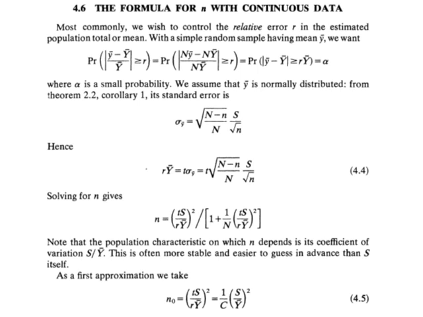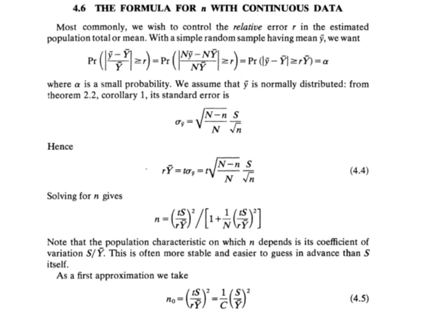Hence, R times Ȳ is equal to t times σ_ȳ, equal to t times √((N − n)/N) times s/√n. Solving for n gives n = (ts/(RȲ))² over 1 + (1/N)(ts/(RȲ))².